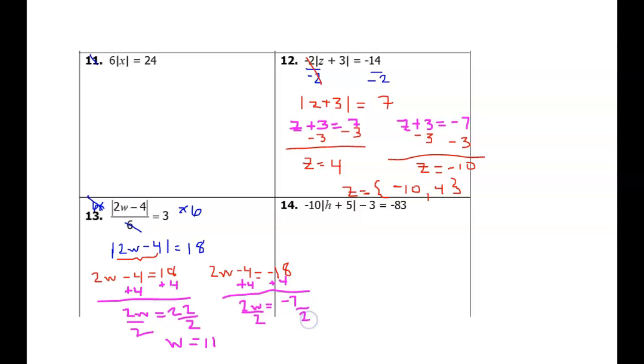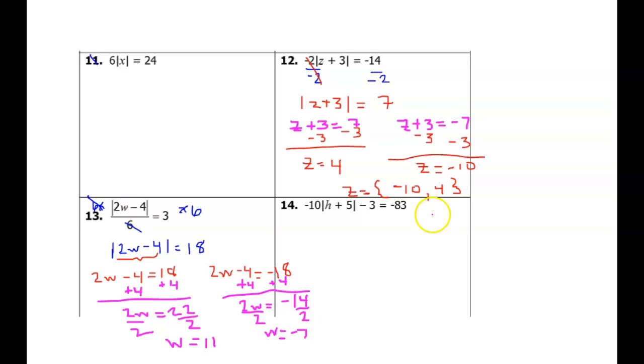W equals, I'm sorry, guys, this is 2w equals negative 14. I got ahead of myself. I divide by 2, and then you end up with w equals negative 7.